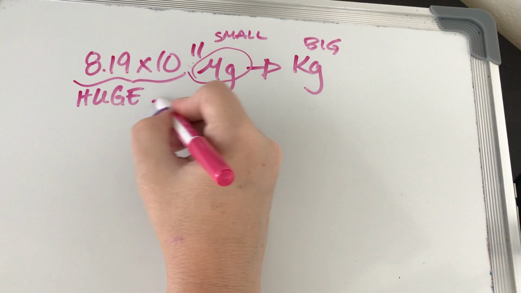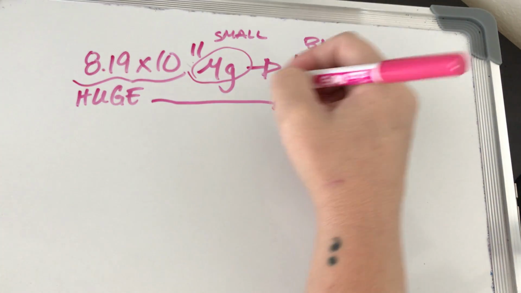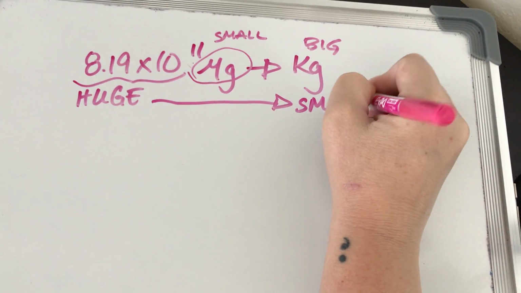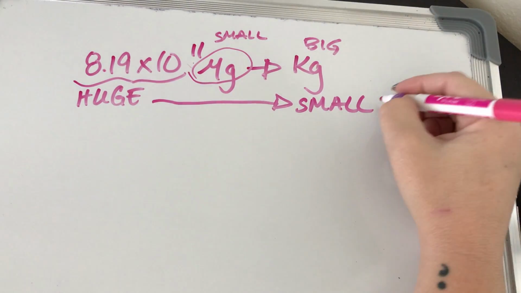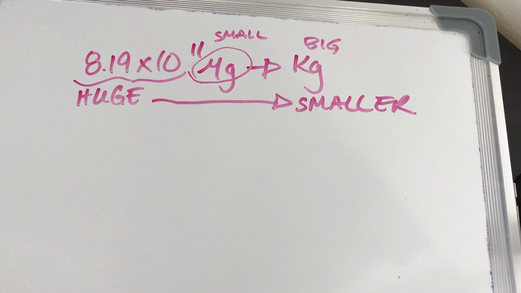So, do you expect the number to get bigger or smaller? The exponent, rather. Is it going to get smaller? It is going to get smaller. Yay! So this is kind of weird, but we expect that the actual exponent is going to get smaller here.